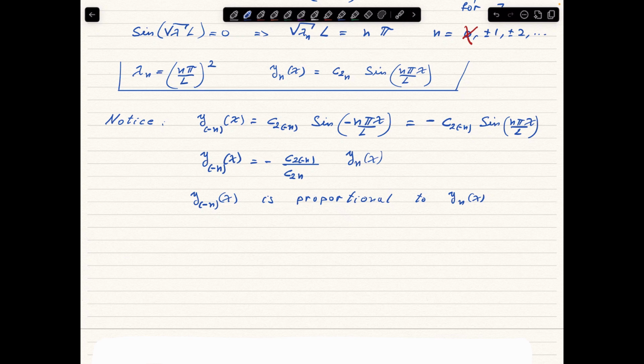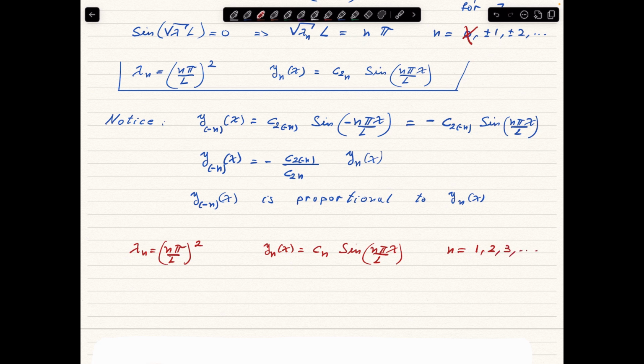So the conclusion is that the eigenvalues are lambda n equal (n pi over L) squared. The eigenfunctions y n of x are this constant, let's call it C n, times sine of n pi x over L, but n only takes values 1, 2, 3, and so on.